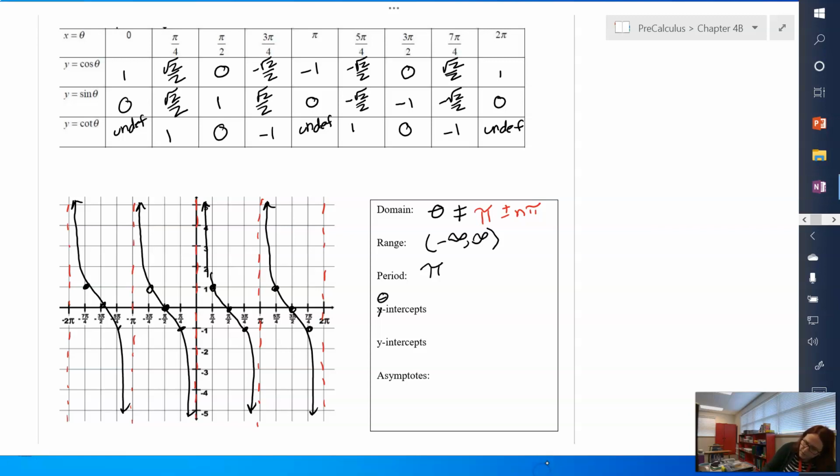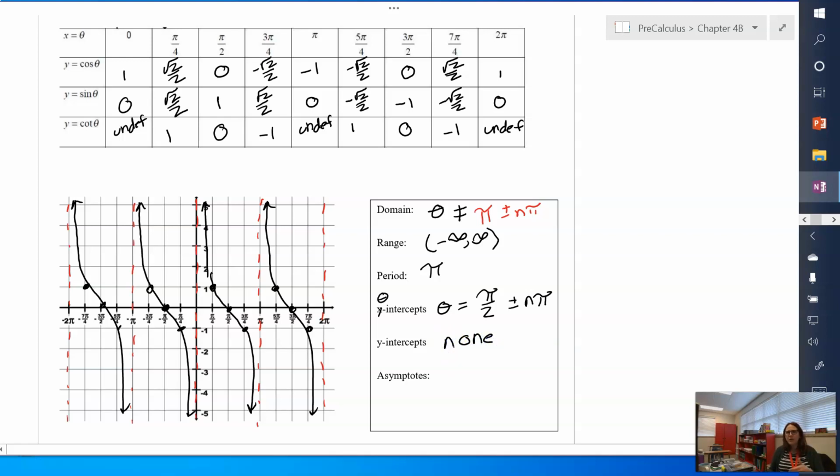So it's going to be at theta equals pi over 2 plus or minus n pi. So that's going to allow it to repeat. Y-intercepts. Look at your picture. There aren't any. So none.